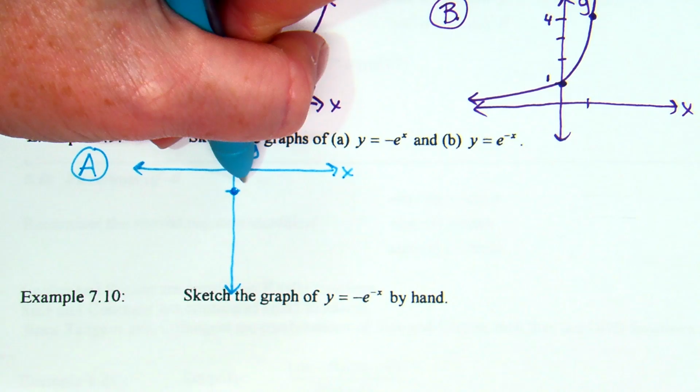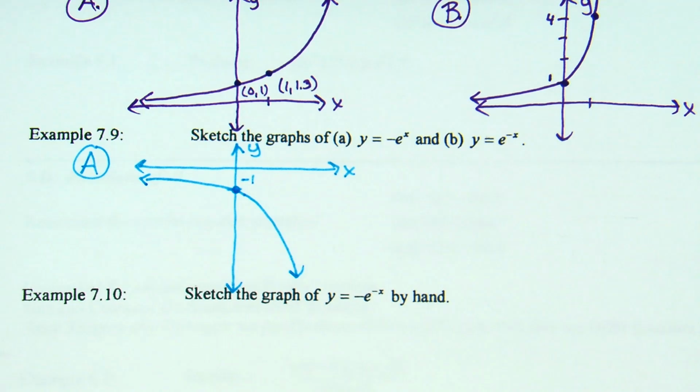Instead of going through 0, 1, it's going to go through 0, negative 1. And then it's shooting through the floor. So a negative out front reflects it across the x.